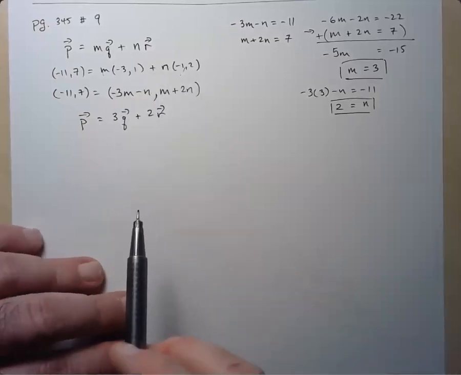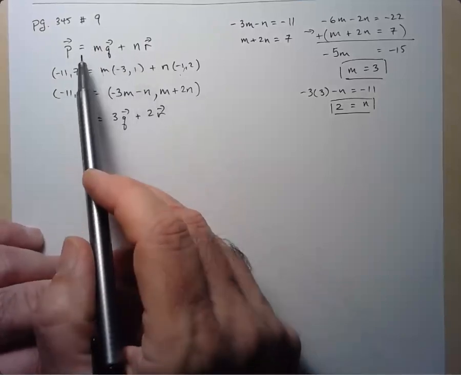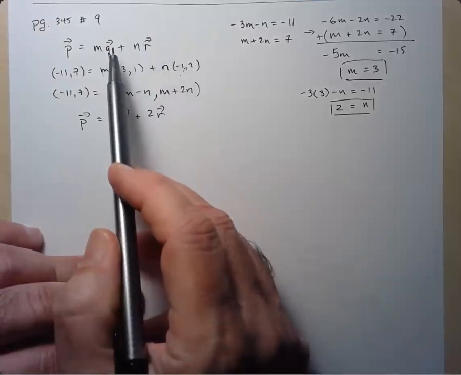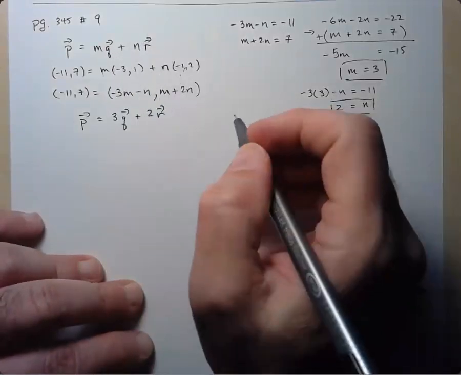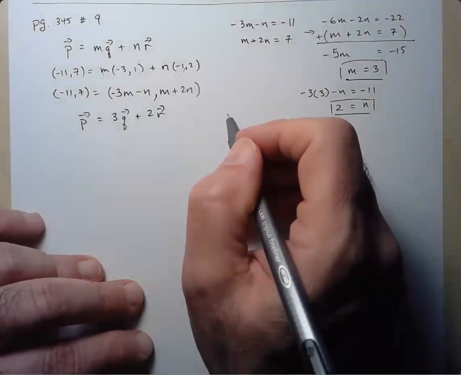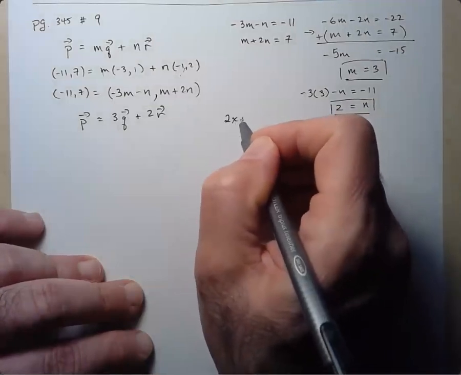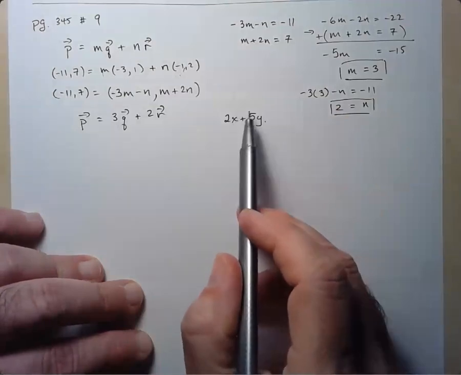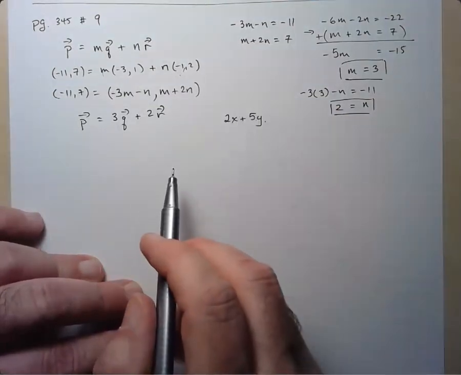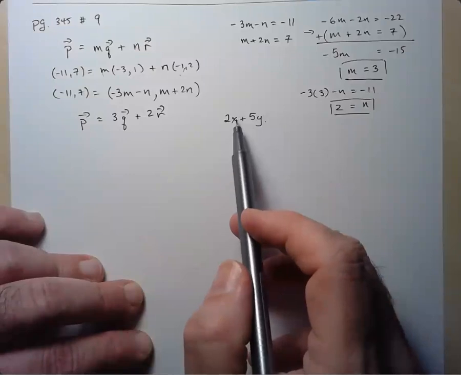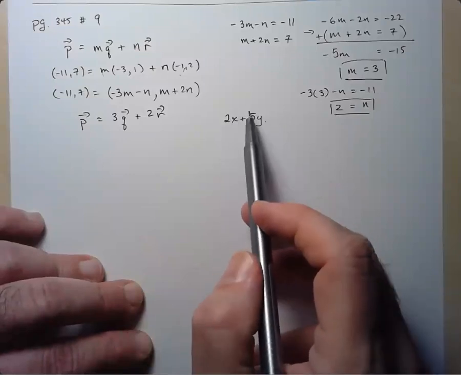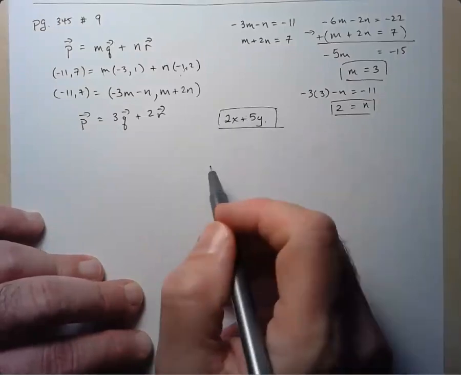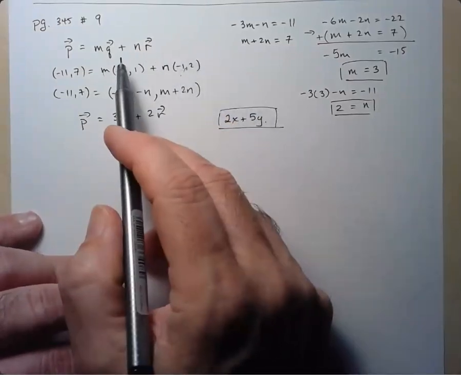Okay. So the first step, somebody asked how I got the first step. This is what it means to be a linear combination. Okay. So a linear combination of the variables x and y would be like 2x plus 5y. So as long as my variables don't have any exponents to them, and it just involves multiplying by some constant, then this is considered a linear combination, and it's very similar to vectors.